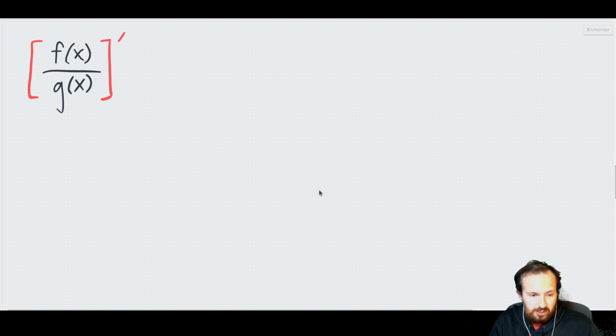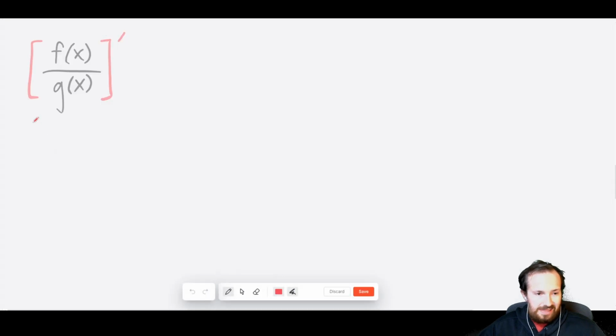The first thing to understand is that the quotient rule is basically a combination of some other derivative rules, specifically the product rule, the power rule, and the chain rule. This is how you can look at things through that lens. So instead of looking at it as some function f of x divided by g of x, look at it like this.